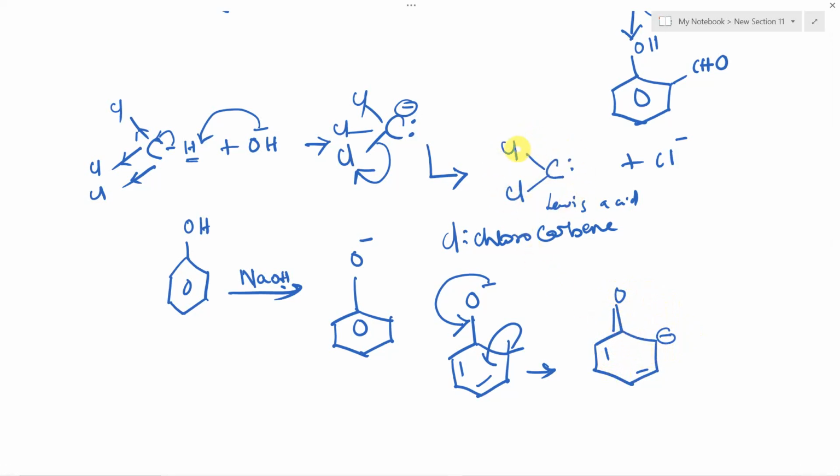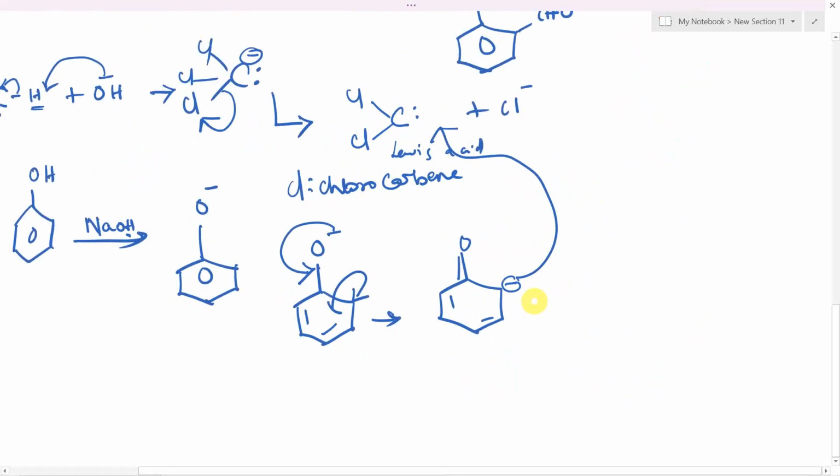Now this dichlorocarbene needs a pair of electrons. So what will it do? This will give its pair of electrons to the dichlorocarbene and attach here. This will give rise to a compound like double bond O, 2 bonds will be here, and here C along with Cl2.